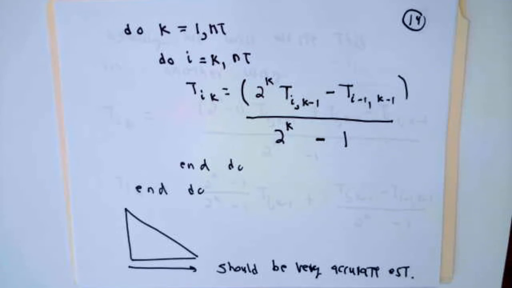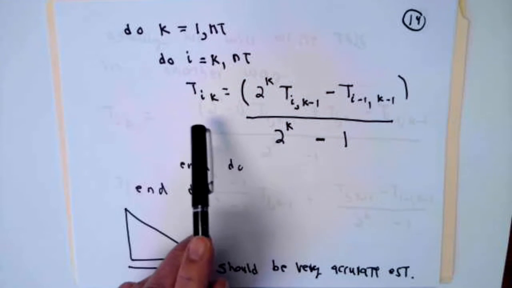So having initialized column 0, if we believe what we've been talking about, we'll implement our idea this way. Do k equals 1 to nt, do i equals k to nt.